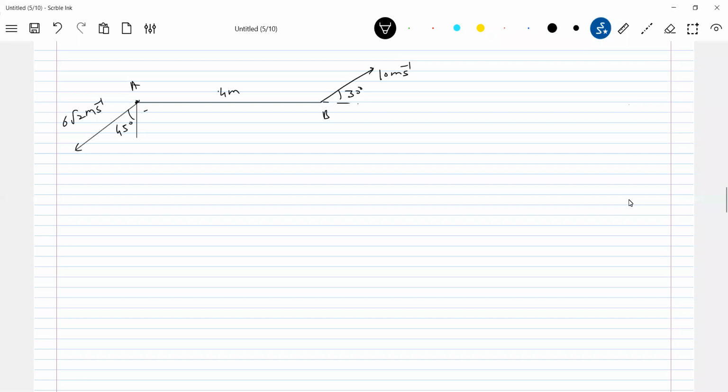So I want the angular velocity of A with respect to B.